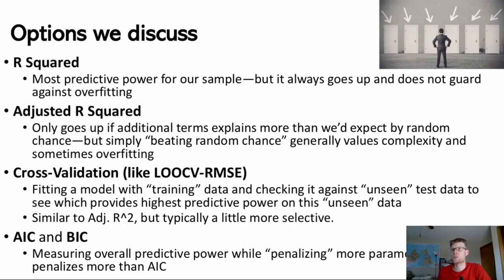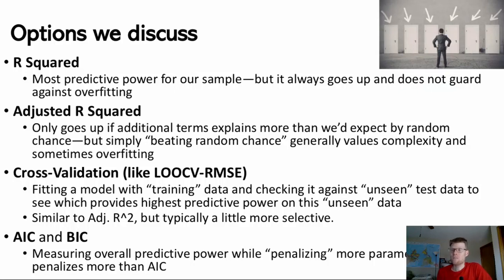So every time we add a predictor, we're probably explaining a little bit of random chance correlation, because I have more information, I can try to fit this sample of data a little bit better. But adjusted R squared is actually going to go down if the amount of variance in the response being explained is less than I would expect by random chance when I add another parameter like that. So adjusted R squared is only going to go up if I'm actually beating random chance with that additional parameter being added. So in that sense, adjusted R squared can help us find an appropriately fitting model if we see that adjusted R squared goes up.